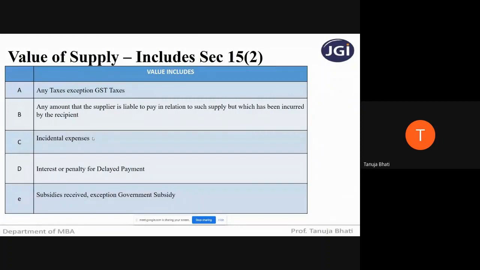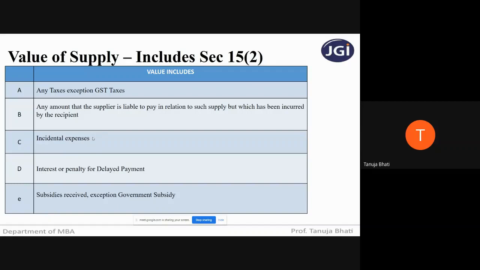So incidental expense means all those ancillary expenses, all those additional expenses that are incurred in respect of supply of goods or services. So it will include packaging. Okay, if there is any commission, it will include commission, packing expenses, parking expenses. Okay, so incidental expenses are those expenses which are charged by the supplier to the recipient.